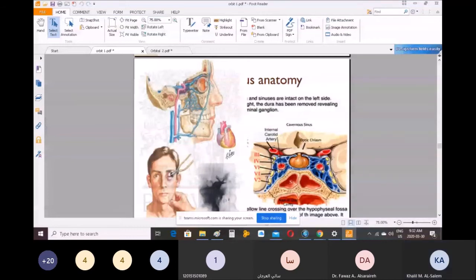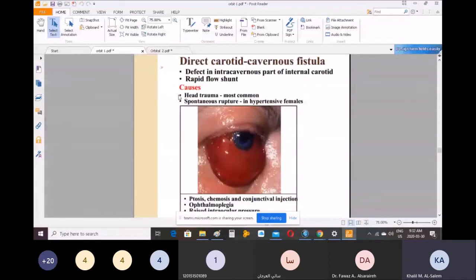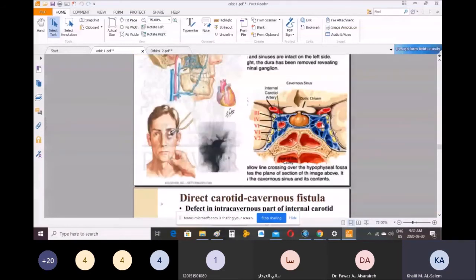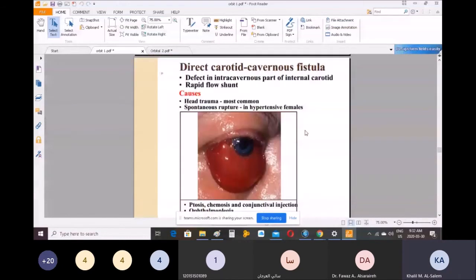Okay, great. Let's talk about direct carotid cavernous fistulas. Direct carotid cavernous fistula, which means this high pressure artery, which is the internal carotid artery, will rupture into the cavernous sinus. Usually it doesn't happen unless you have very bad trauma.